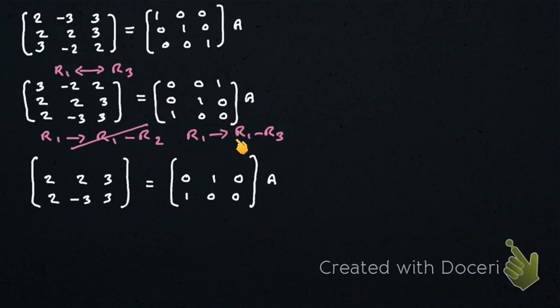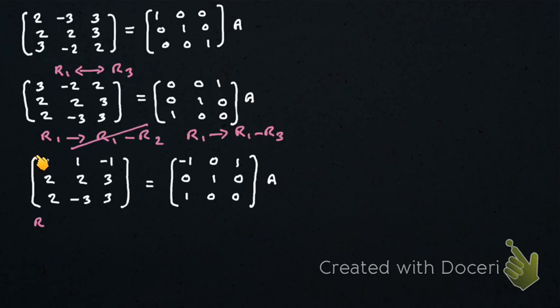Now I will do this subtraction, R1 minus R3. 3 minus 2, 1. Minus 2 minus 3, minus 2 plus 3 is 1. 2 minus 3 is minus 1. And on the right side, 0 minus 1 is minus 1. 0 minus 0 is 0. 1 minus 0 is 1.